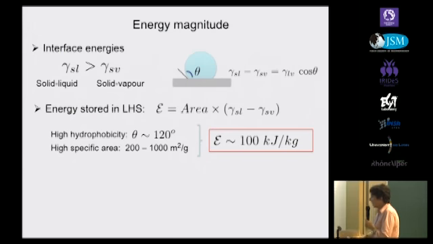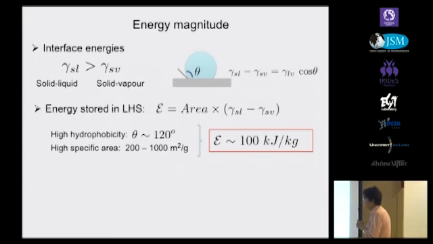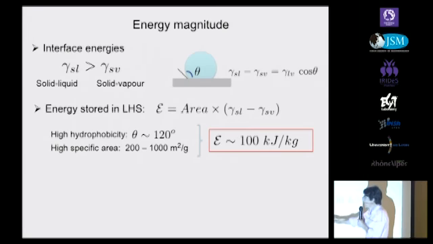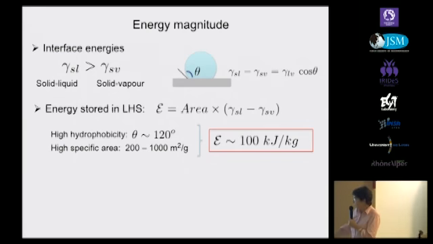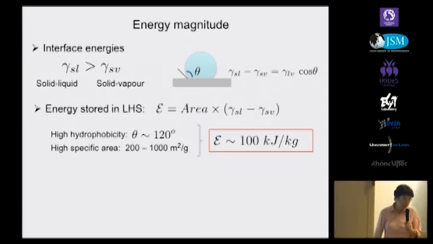In order to get high energy, one also needs a porous medium with a high specific area, which means a high pore wall surface inside the material. Current specific areas are in the range of 200 to 1,000 square meters per gram of material.